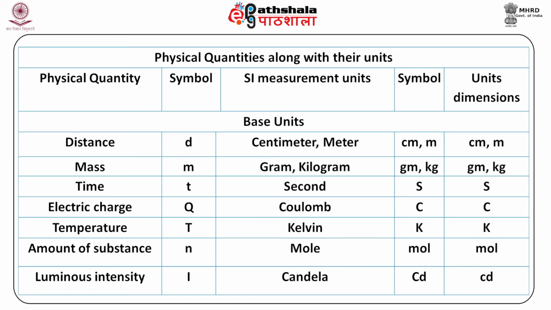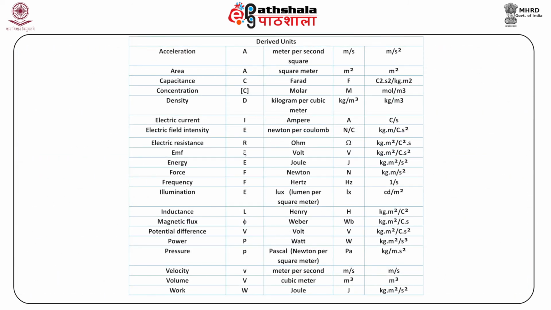Electrical charge, capital Q, coulomb, capital C. Temperature, T, Kelvin, K. Amount of substance, N, mole. Luminous intensity, I, candela, cd. Now derived units. Acceleration, a, meter per second squared; area, A, square meter; and so on.